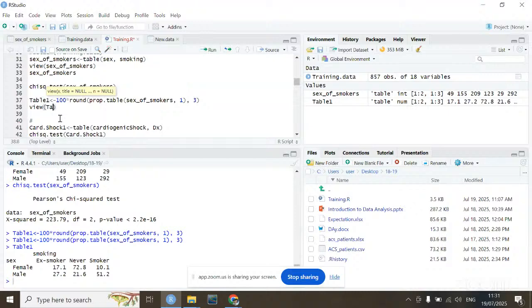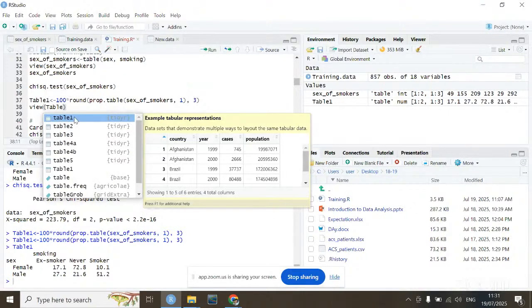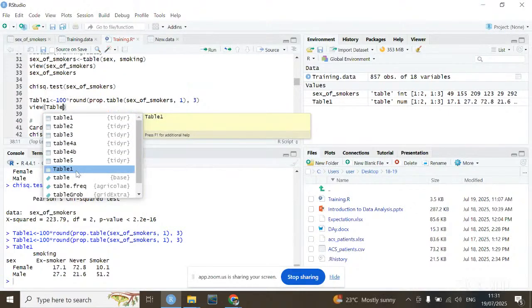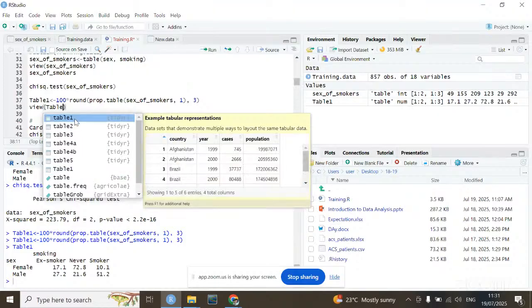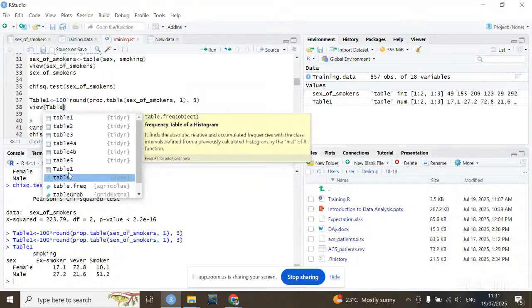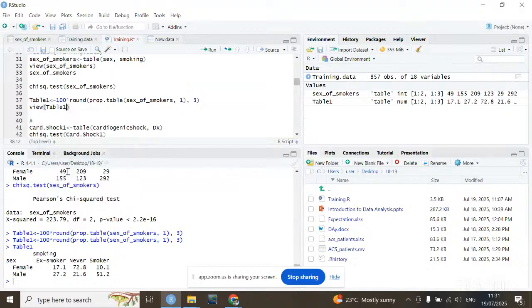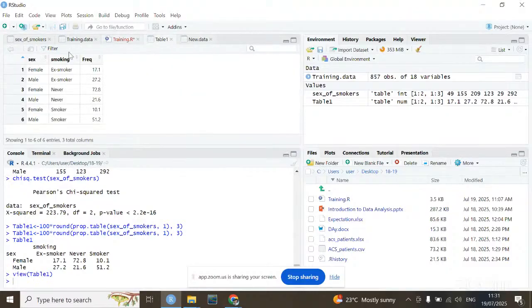Then we type Table1, not this upper one but the lower one, because this table1 comes automatically when you install some packages. So we need to go to the table we have created, which is Table1 with capital T. Then it will bring it for us. It is the same, but differs in how the factors are arranged.